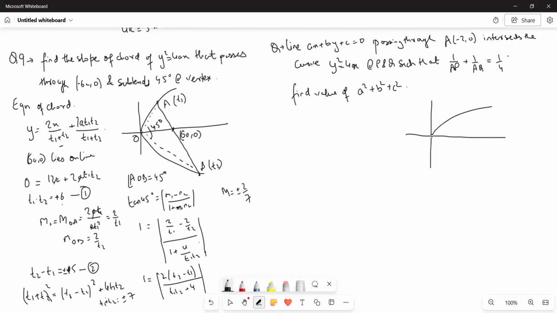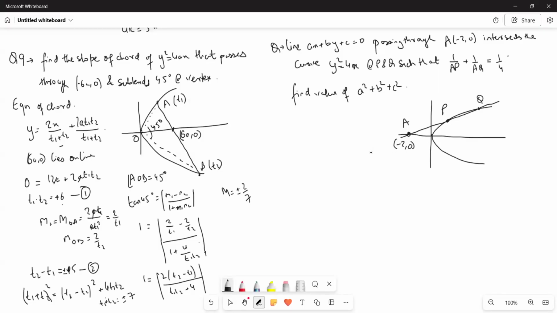So we have a parabola y square equal to 4x and a line passing through the point minus 2 comma 0 that cuts the parabola at two points P and Q, such that 1/AP plus 1/AQ is 1/4.